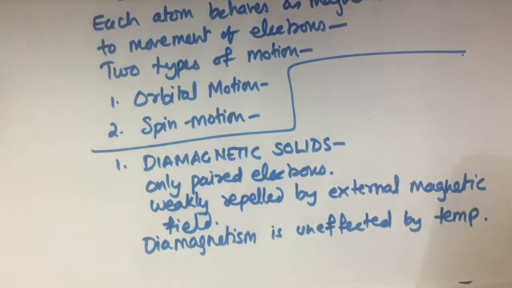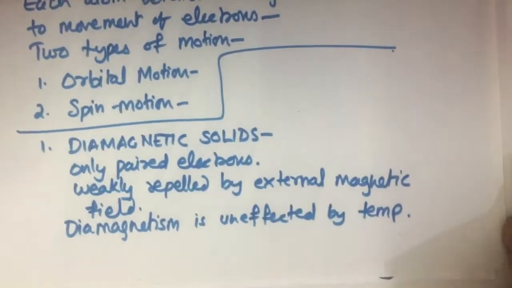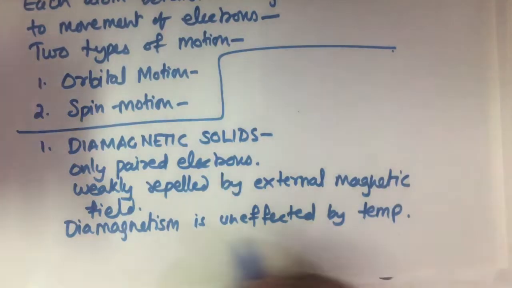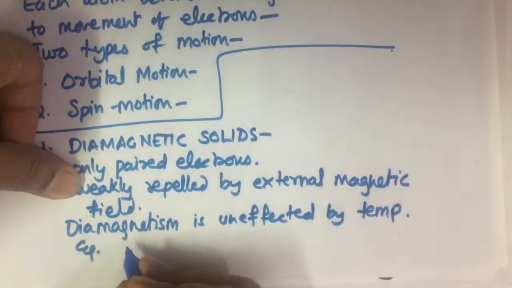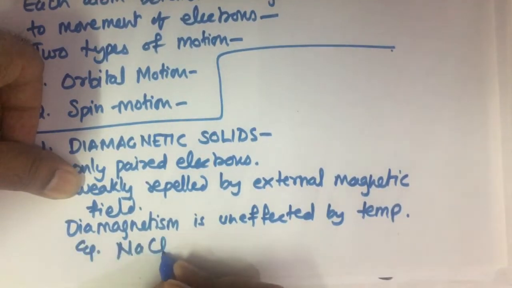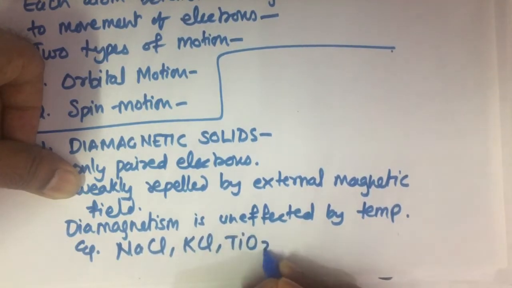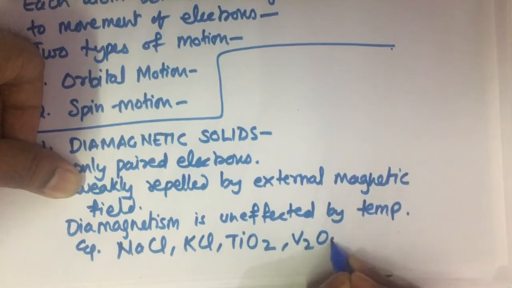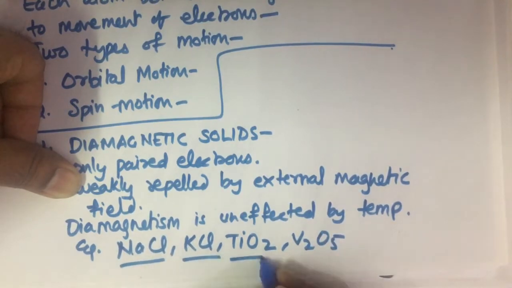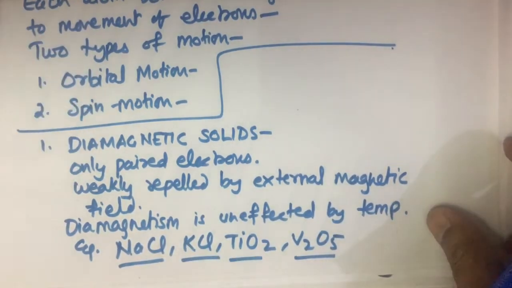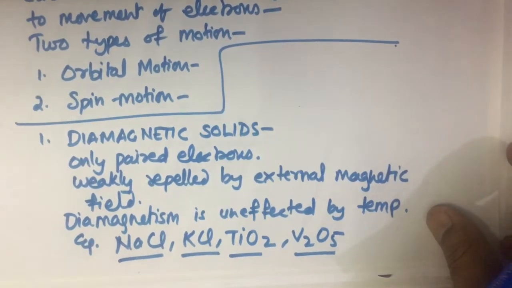Temperature does not affect the diamagnetic properties of solids. Examples of diamagnetic substances are sodium chloride, potassium chloride, titanium oxide, vanadium pentoxide. These are all diamagnetic because all the electrons are paired.